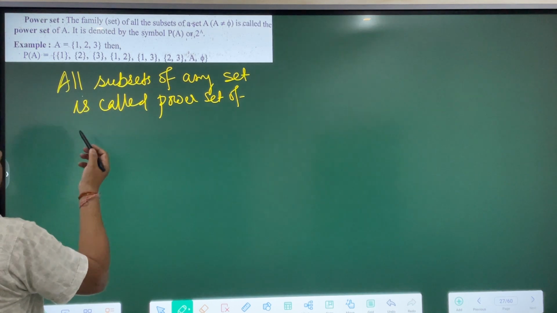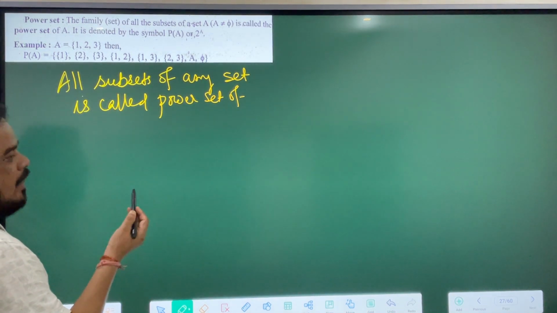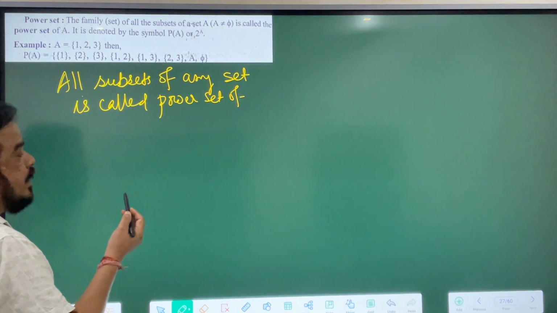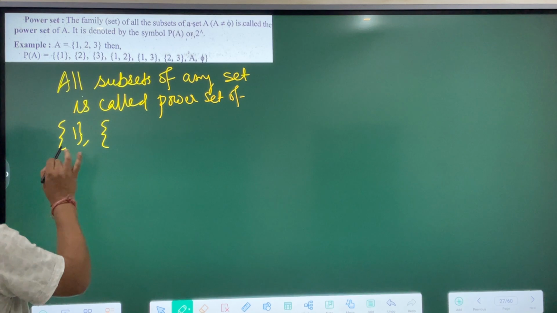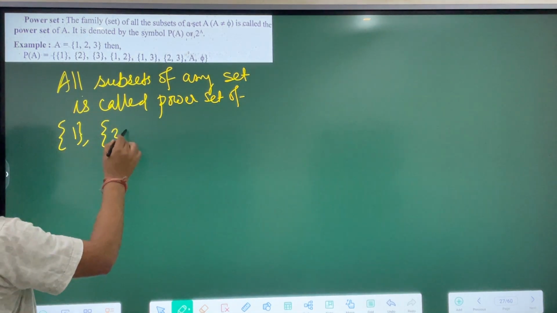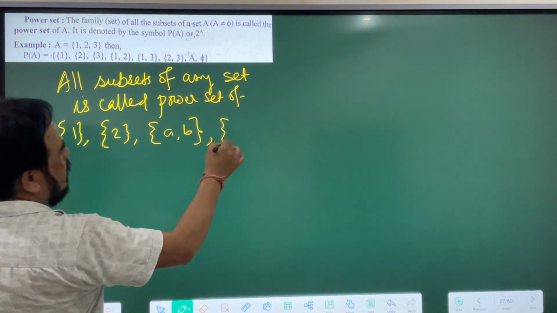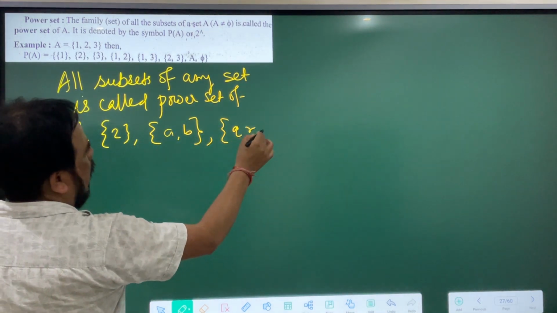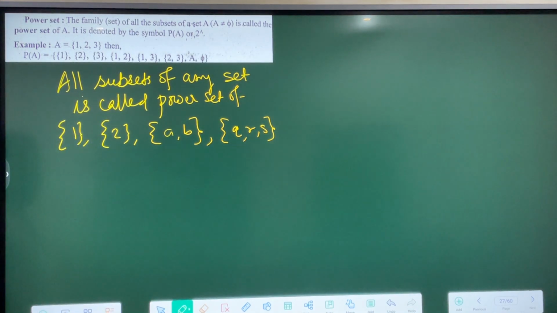Let me write some sets without putting any alphabet, without writing any name. 1. This is a set. These braces mean set. 2, A, B, Q, R, S. So this way I have written 4 sets.